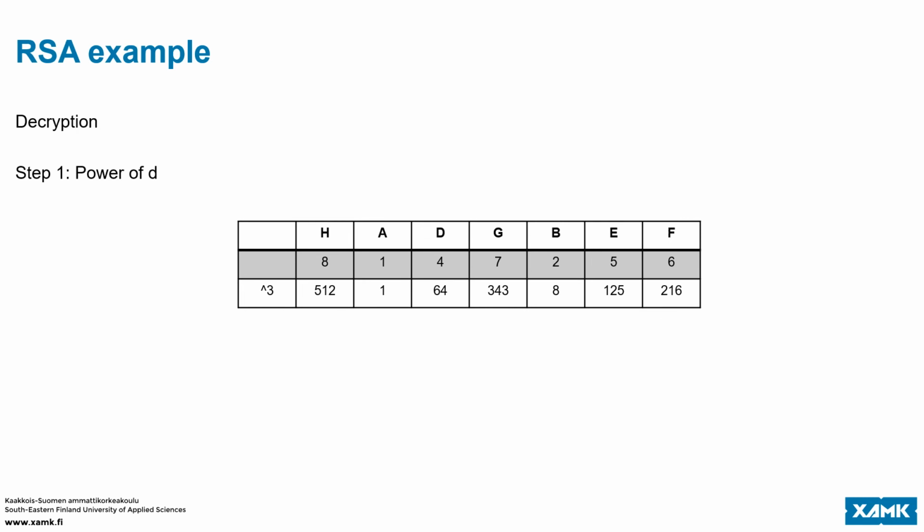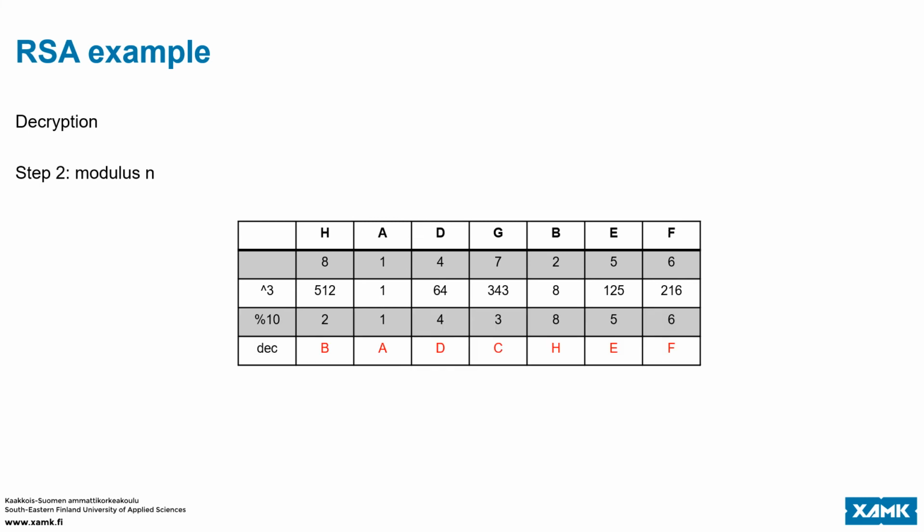Decryption works in reverse. So the first step was to raise the message to the power of 3. So for instance, 8 to the power of 3 is 512, 1 to the power of 3 is 1, 4 to the power of 3 is 64, and so on. Then we perform the modulo operation again using n.